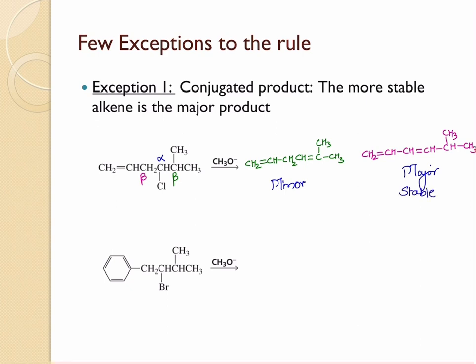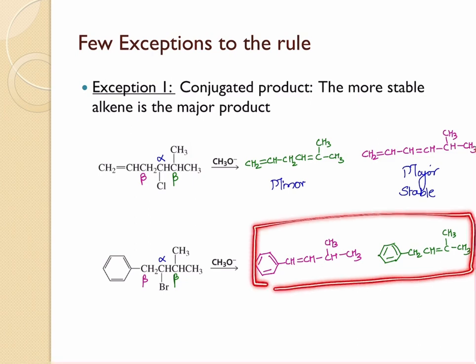Here is one more problem. Again, let's find out the alpha carbon. This is our alpha carbon. We have two beta carbons here, and you can abstract any one of these hydrogens, and this can lead to the products. Now between these two, which one is the major product? Okay.